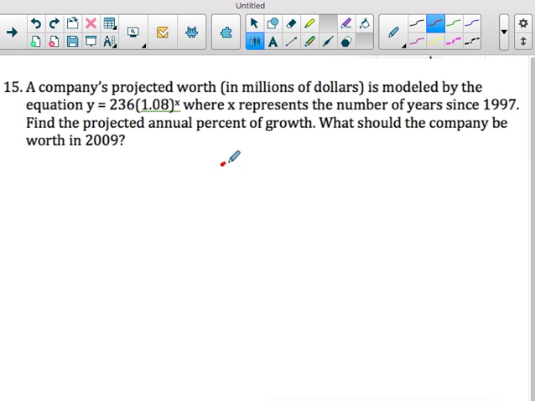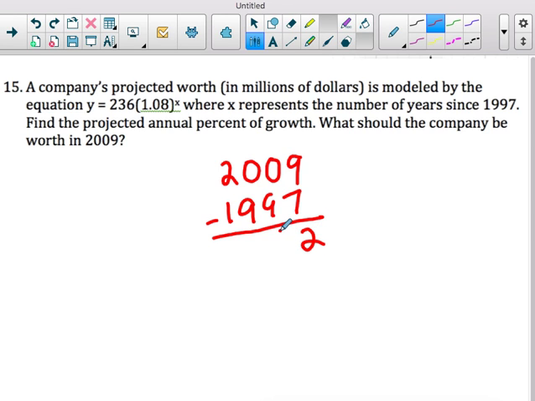So in 2009, starting at 1997, that's a difference of 12 years. So what we're trying to figure out here is what the value would be 12 years later.